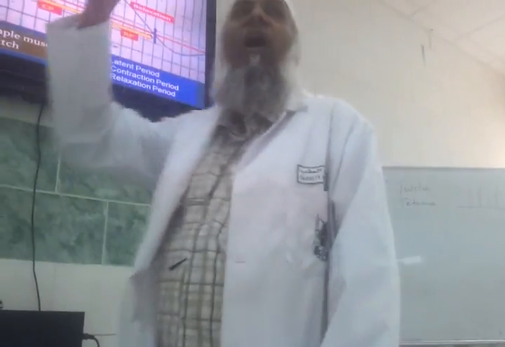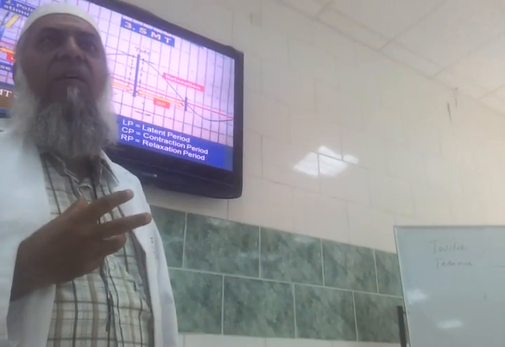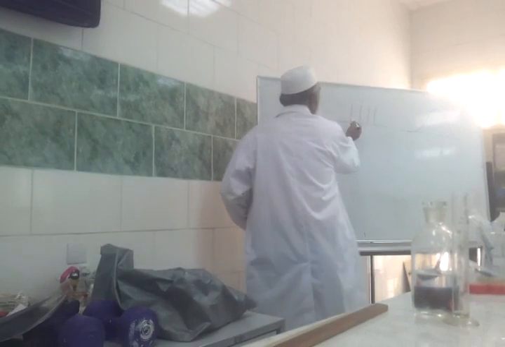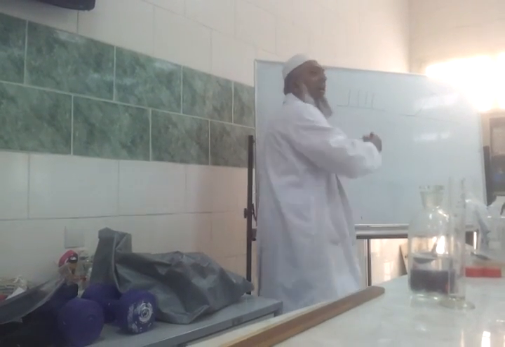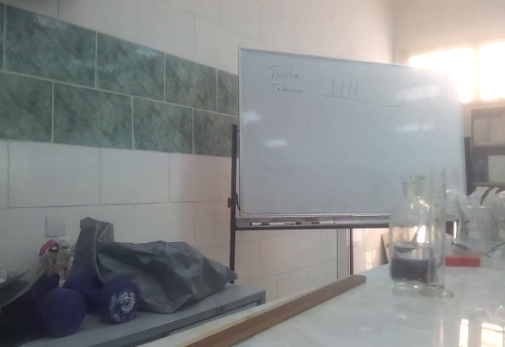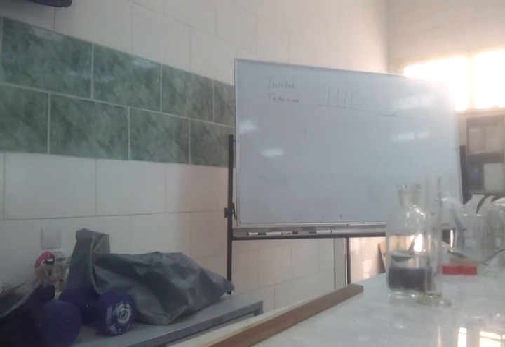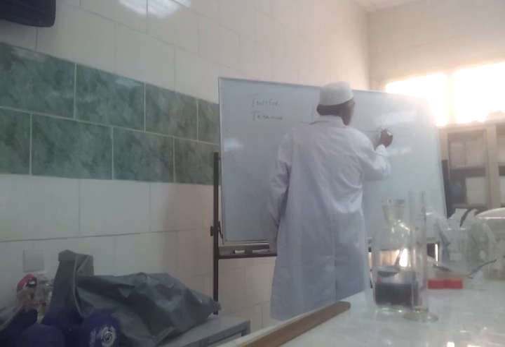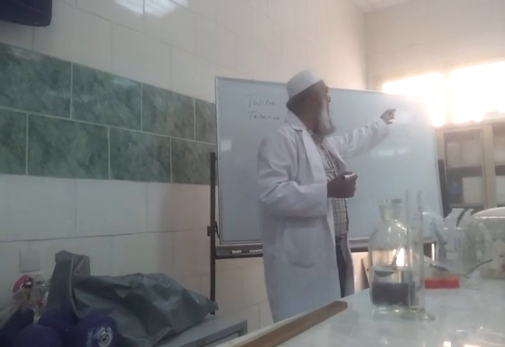If the paper on which you are recording the response of the muscle is kept fixed, not moving at all, then you will get the response in the form of single lines. But if you keep the recording paper in movement, just like the ECG paper moving, and then record the muscle response, you will get the response in the form of a curve like this.